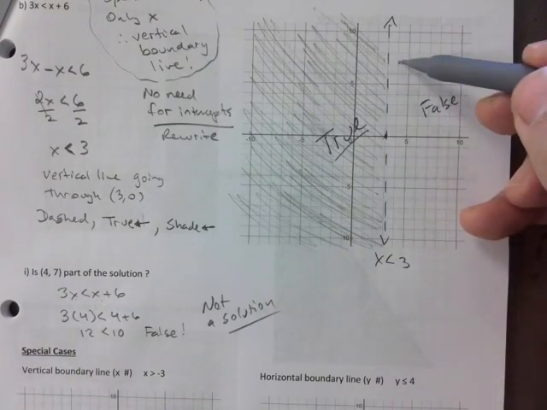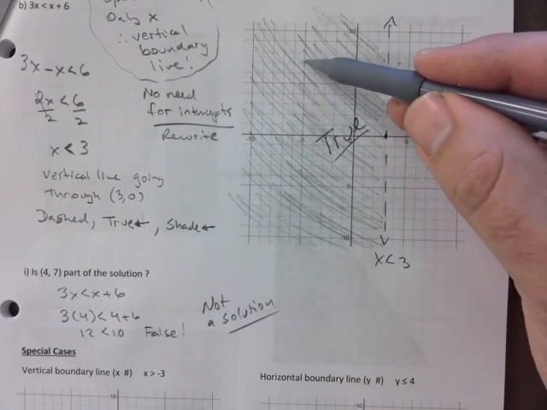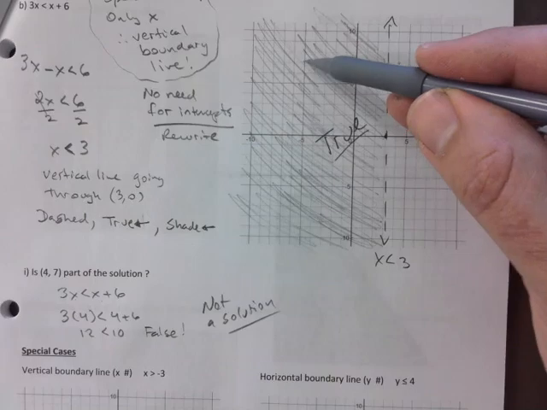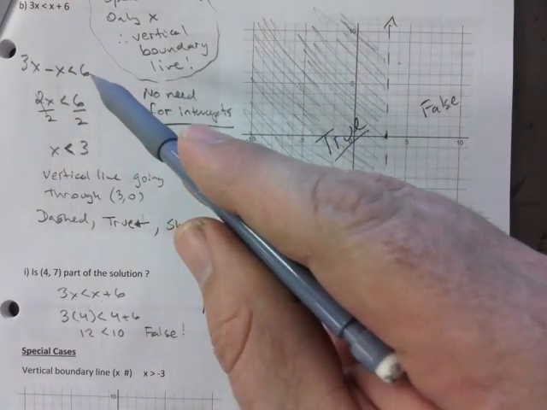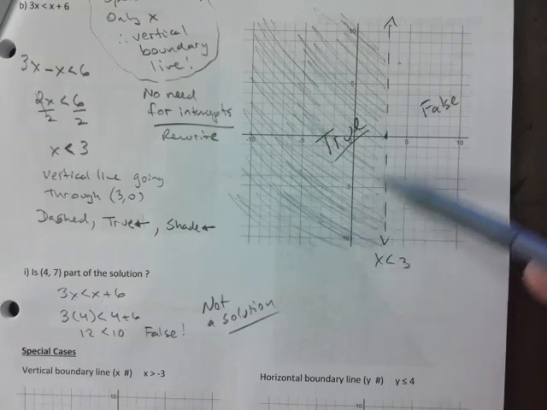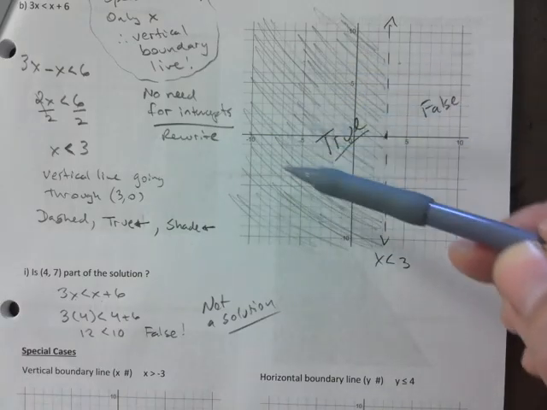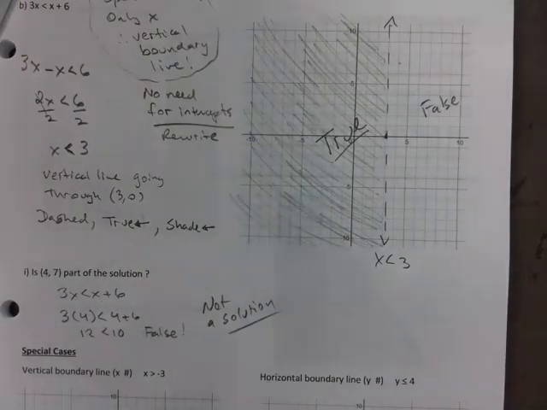And vice versa. If you had picked a point here, let's say (-5, 7), you plug it into your inequality and you get true, then you immediately know that all of this is true. Okay, so there's ways to check if you're doing this right or not.